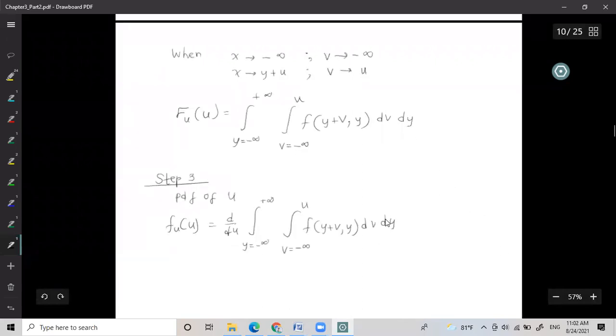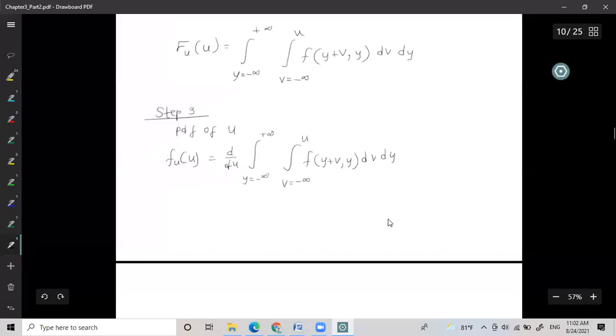Again, you can see that the outer integration is independent of u. So like we did in the previous case, we'll take the derivative inside, going from negative infinity up to u. What will happen to this one?